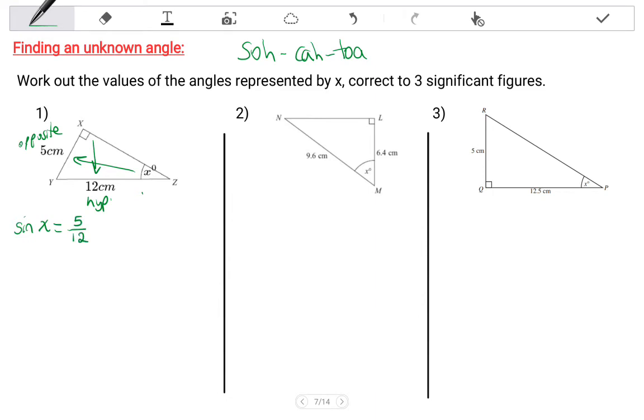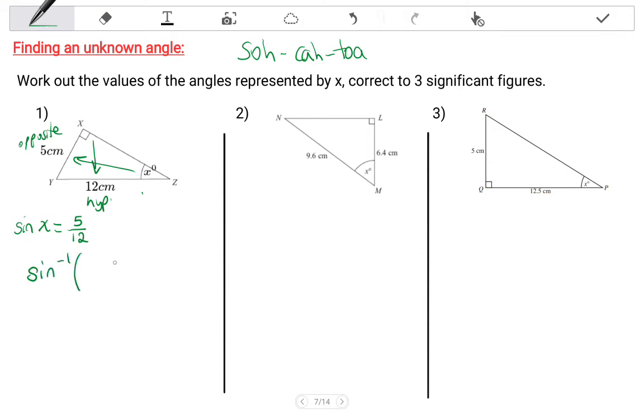Now I have a new situation because the unknown is within the function, sine of x. So how to find x in this equation? I need the opposite of sine. This can be done by using your scientific calculator. First press the shift button, then press the sine button, and you will see inverse of sine.